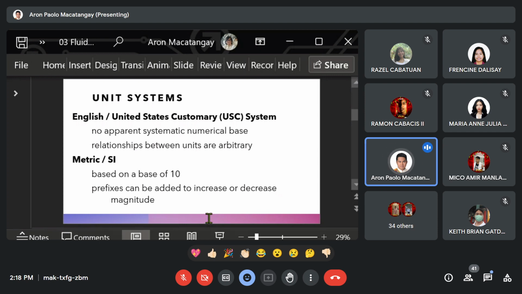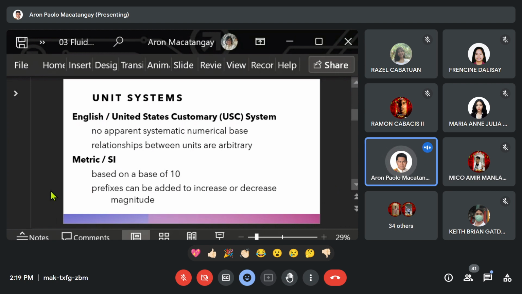Then the relationship of foot to yard has a different conversion. Parang random numbers yung ginagamit as conversion, such that you really have to memorize them. Kung hindi mo memorize, you really have to have a conversion table at hand para magawa mo yung conversions.